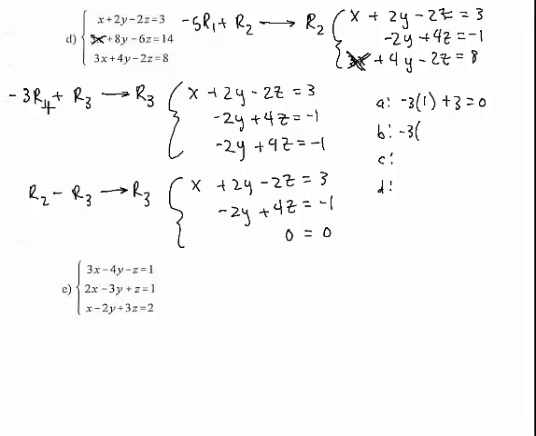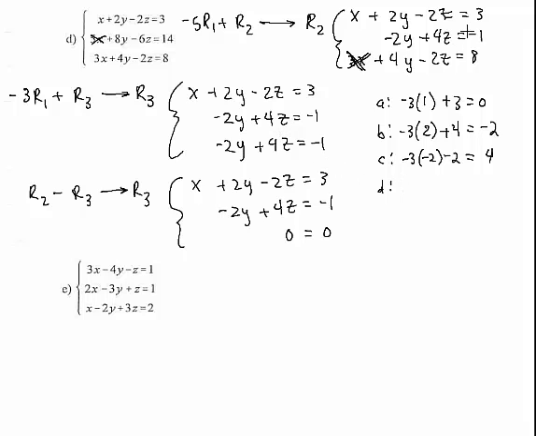For b, we have -3 times 2, and then plus 4 gives me a -2. And then -3 times the c, which is a -2, minus a 2, equals a +4, which we have written right there.